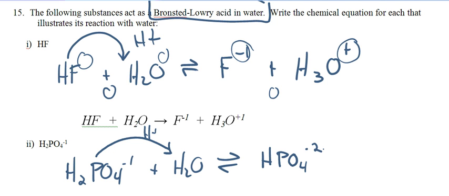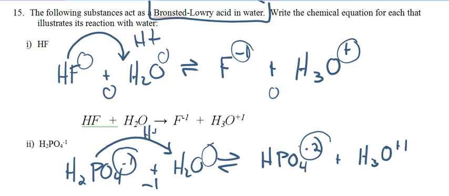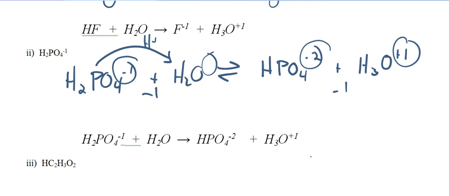That's right, -2. Then we're going to add that hydrogen, so H3O+. So -1 plus 0 equals -1. -2 plus 1 equals -1. Everybody happy? One more, last one.